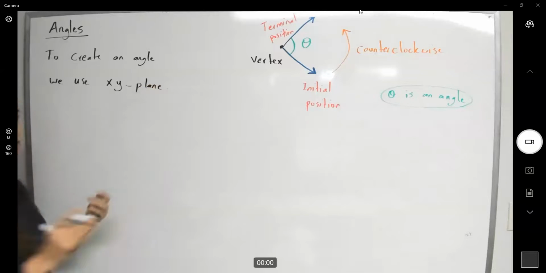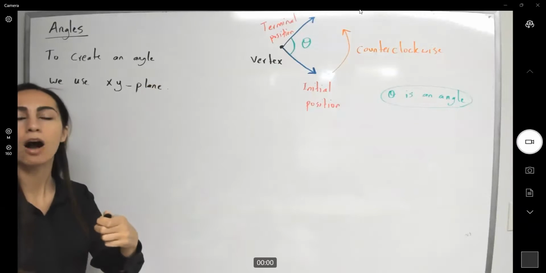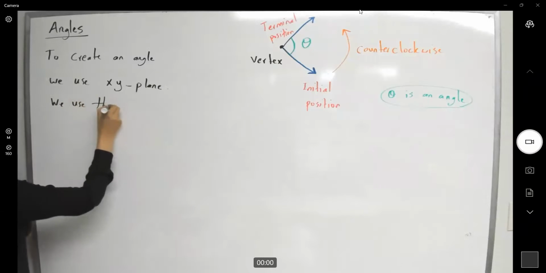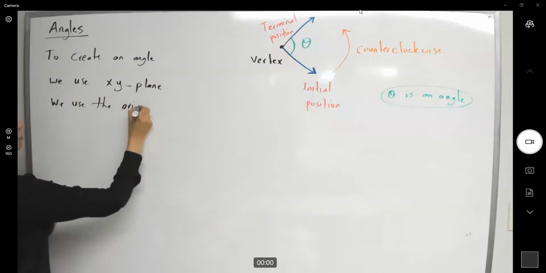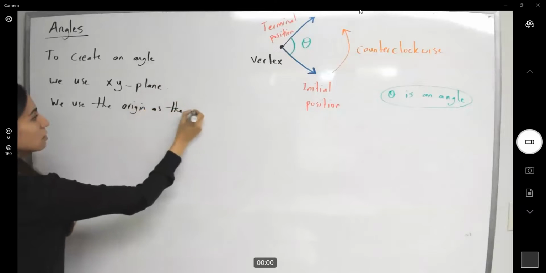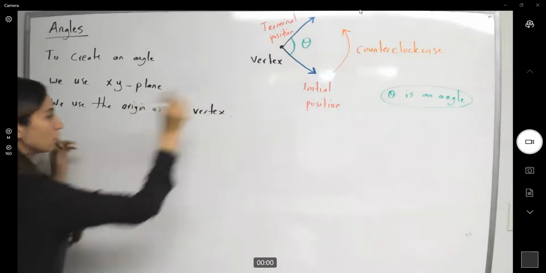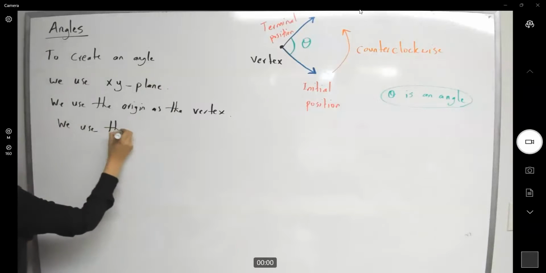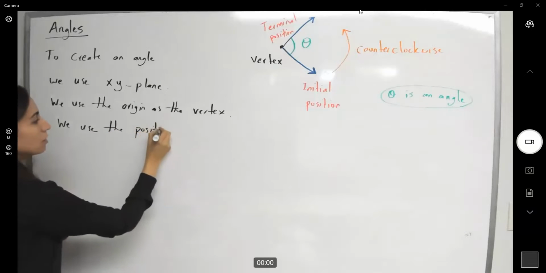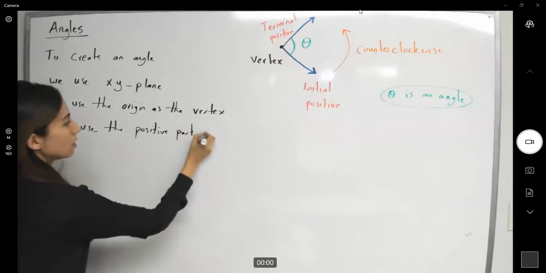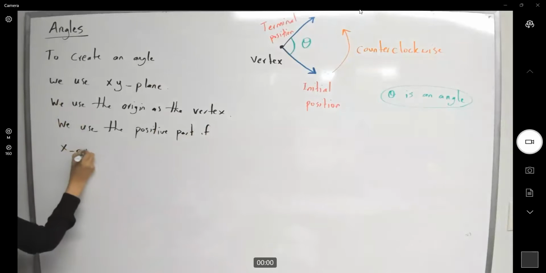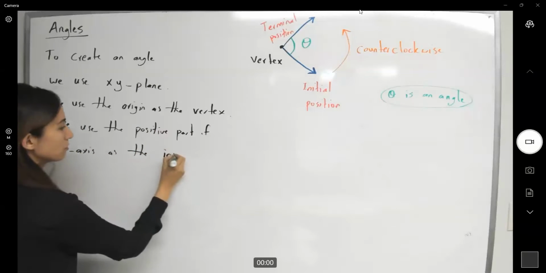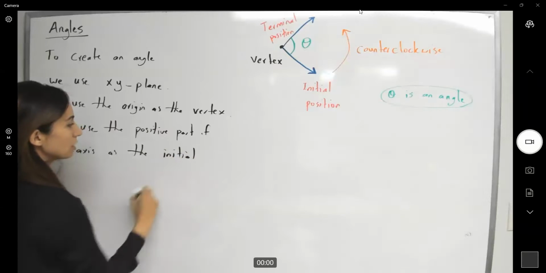We use the origin as the vertex, and we use the positive part of the x-axis as the initial position.